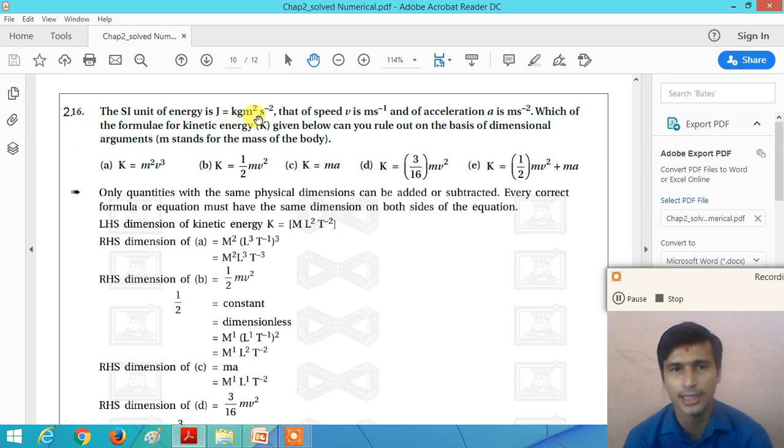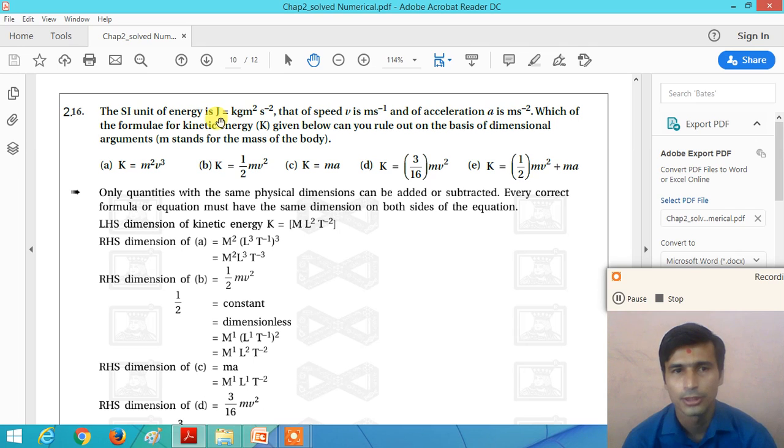So from that we can calculate the dimensional formula of the kinetic energy, right? The speed v is meter per second and the acceleration a is meter per second square, right? So here the unit of energy is given to you, the unit of velocity is given to you, and the unit of acceleration is given to you, right?